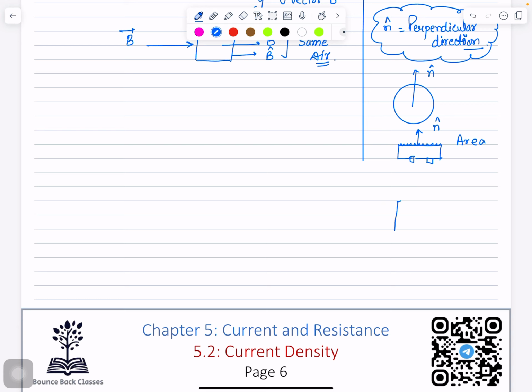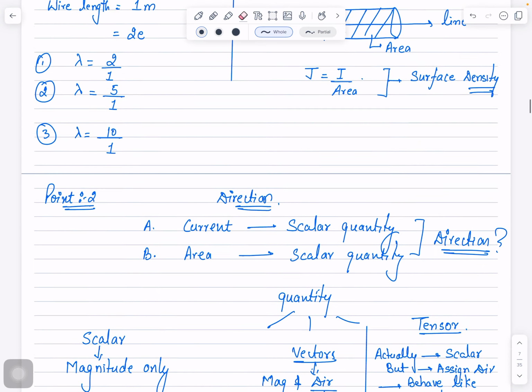Like your hand, the area should be in this direction. Clear? Okay. So what are we learning here? We are learning this in terms of current density, and how to solve this. Okay, go back to the topic.